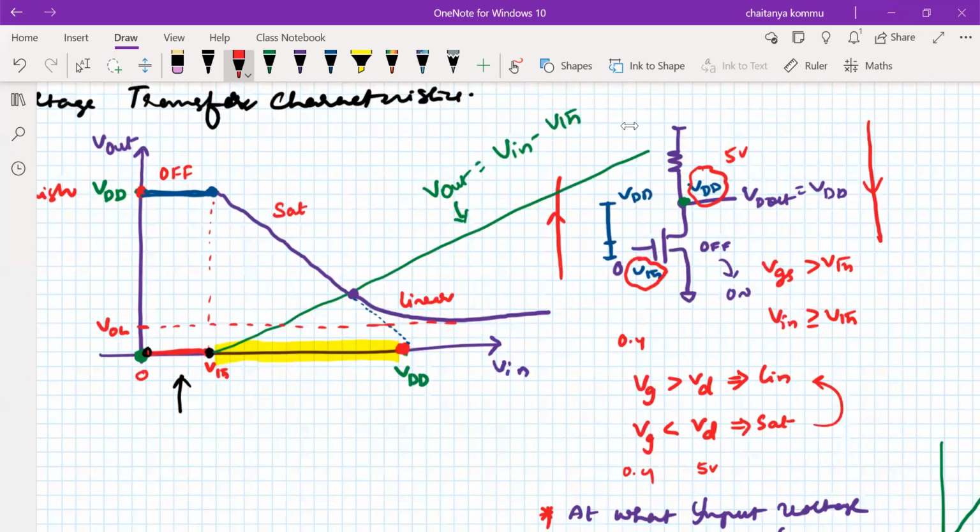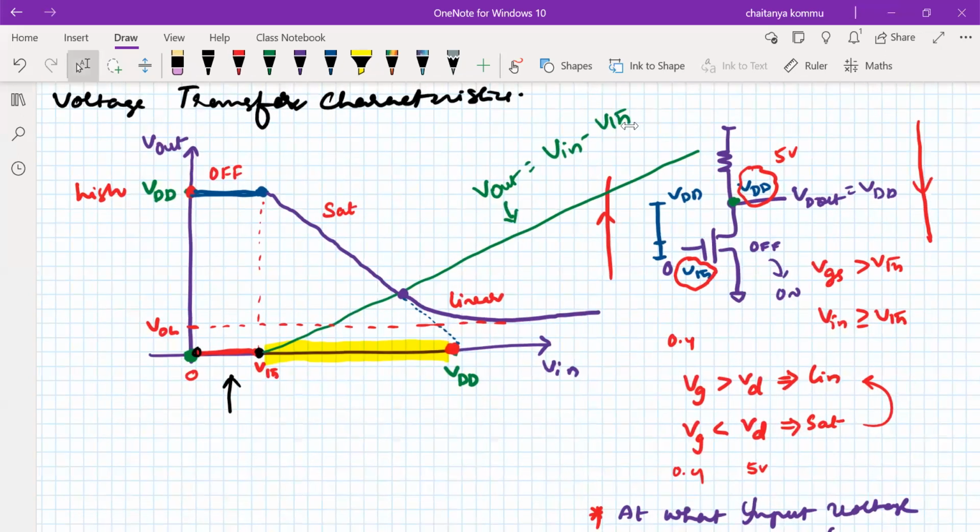The output low value for a better inverter should be 0. If it is not 0, it is not possible to use for our applications, because when you apply logic high value to an inverter, 0 has to be at the output side.